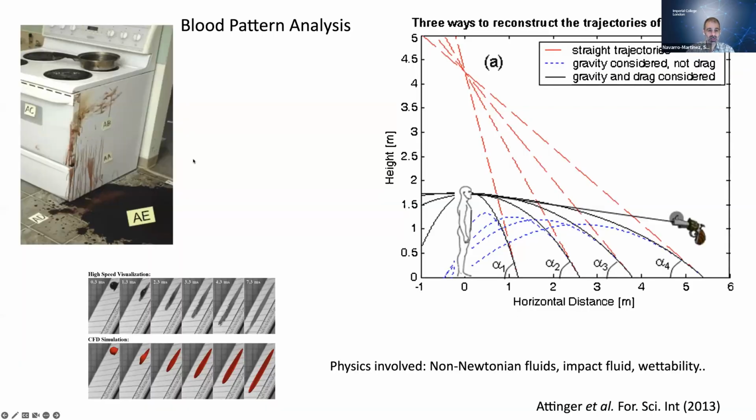Okay, so this is blood pattern analysis. This is when they use blood patterns. Here you can see some blood stains, and they try to reconstruct what happened. This is not very old.